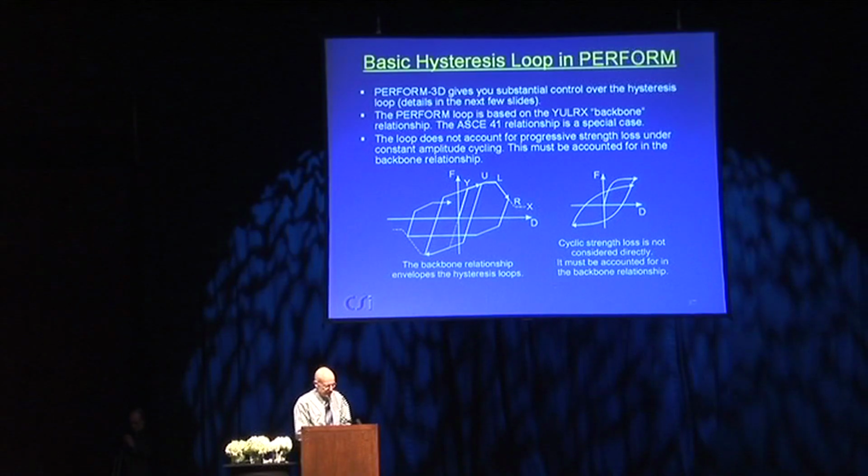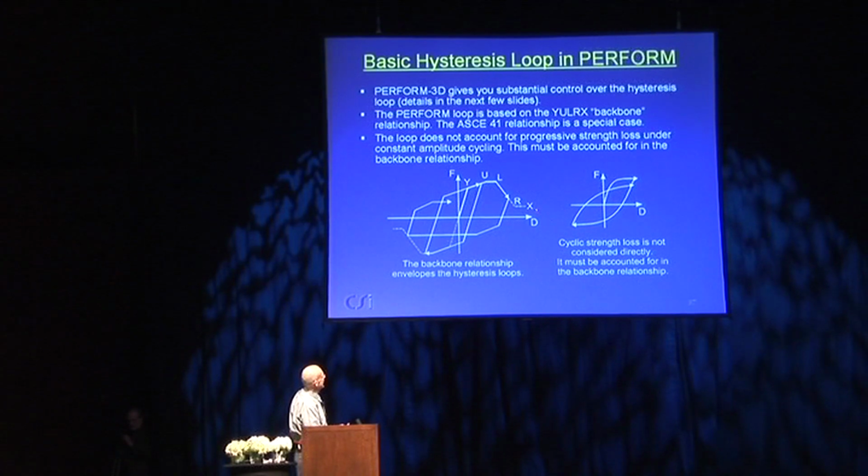And let's look at the diagram first. Here's kind of the way it might work. The Y-U-L-R-X would be the backbone curve. And without going into too much detail, this backbone curve kind of defines the shape of the hysteresis loop and sort of bounds the hysteresis loop in a way. But this defines the shape of the hysteresis loop.